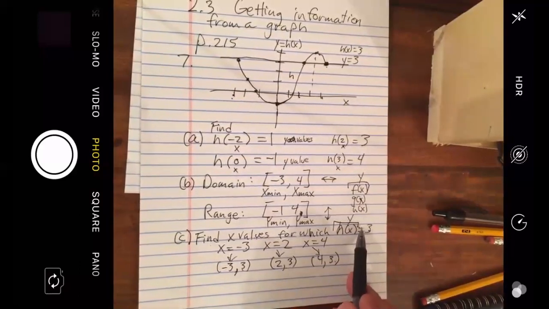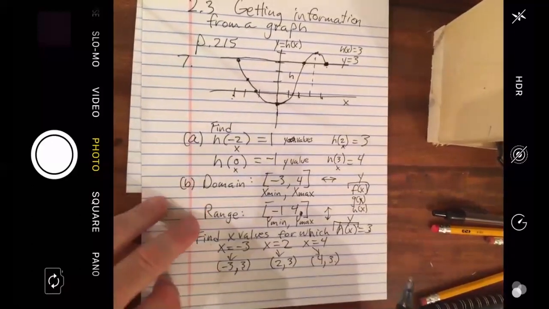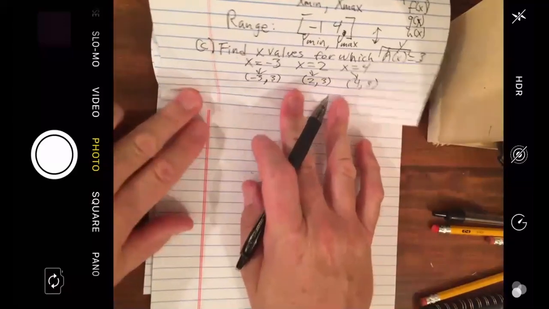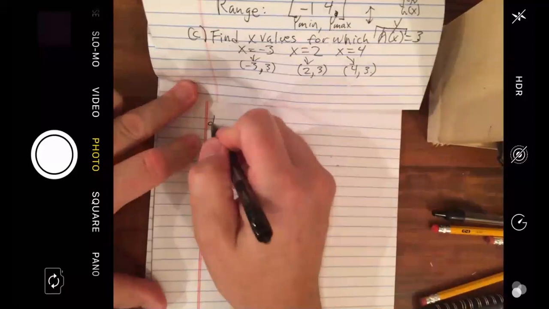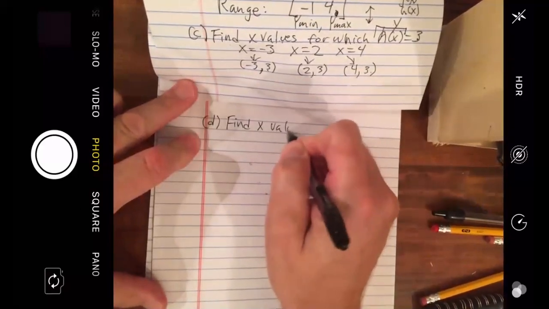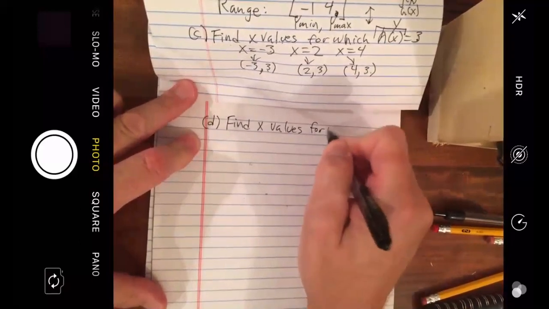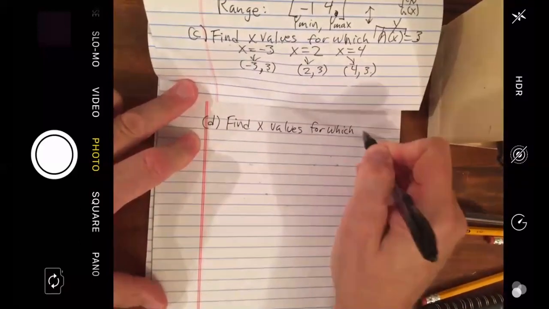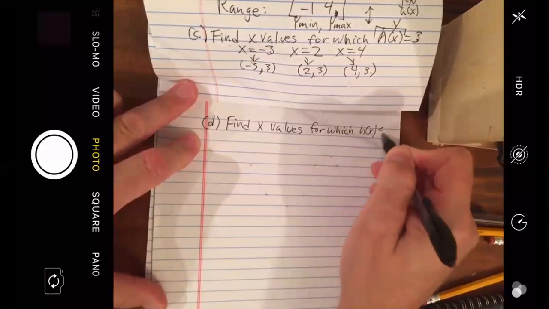less than above that equals. So now you have to figure out how that changes things. D: find x values for which your h of x is less than or equal to 3.